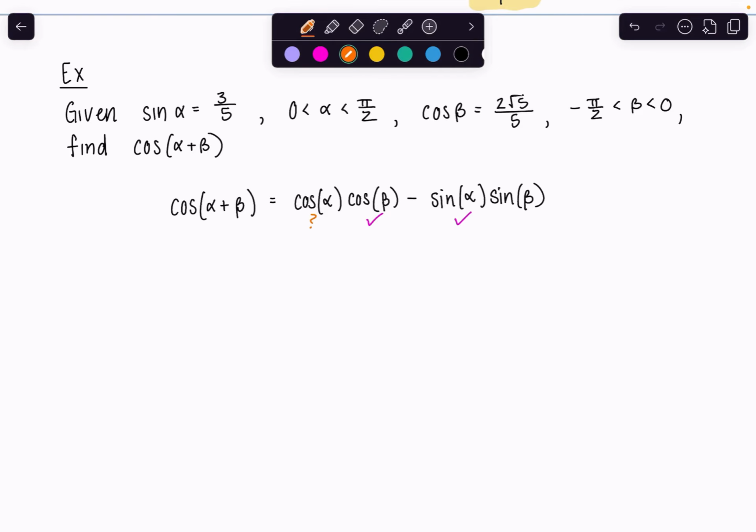I just don't know what these two are just yet. Okay. So I need to find these two in order to get the exact value of cosine of alpha plus beta. So we need to find what cosine of alpha is. And we also need to find sine of beta.